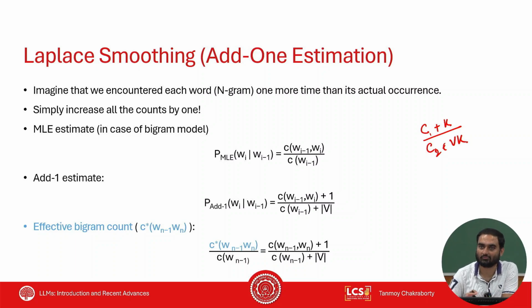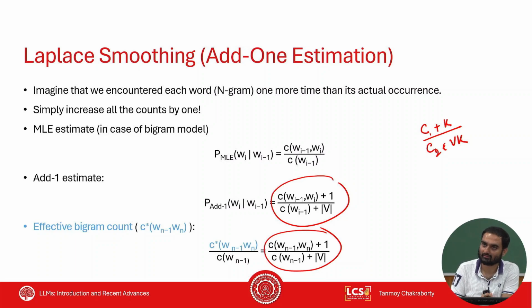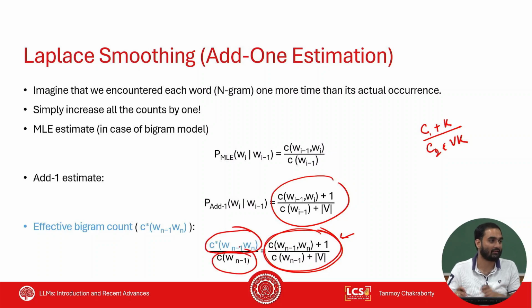Once you did this, the resultant count would change. This is your probability, and you just made an adjustment to the probability. Because of this, the bigram count will change. Let's look at the resultant bigram count, which is C star, the new bigram count, and the old unigram count, because I did not change the unigram.